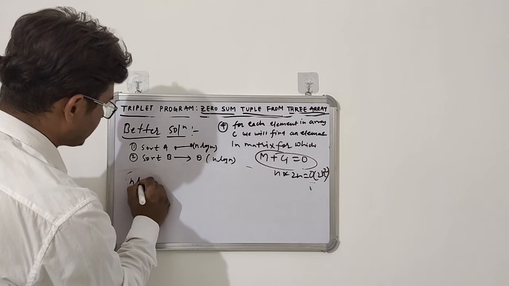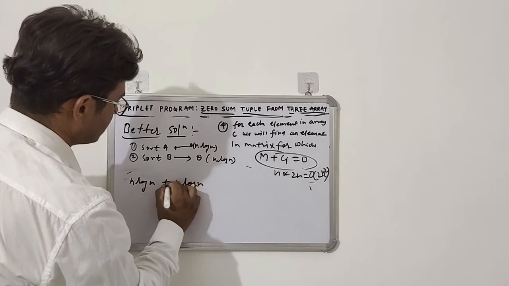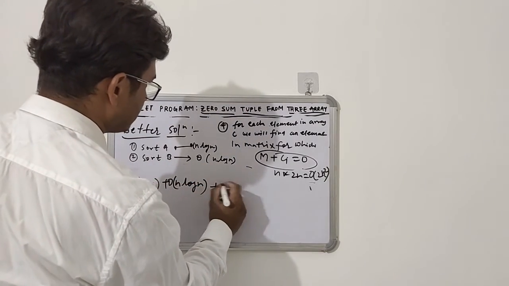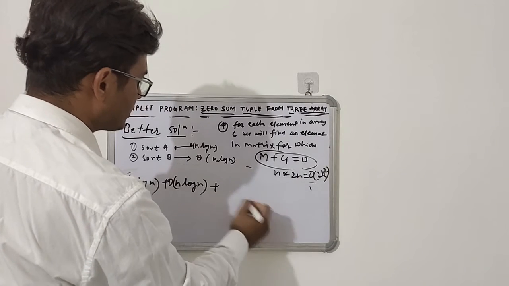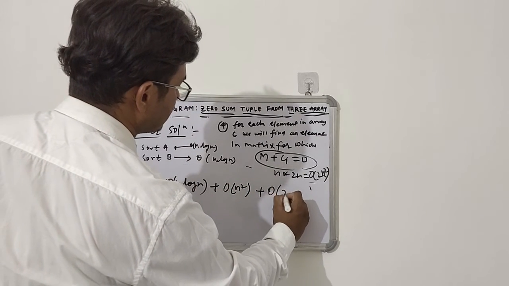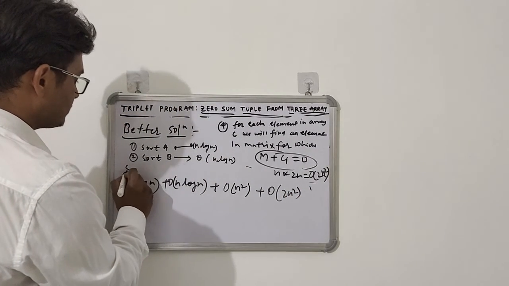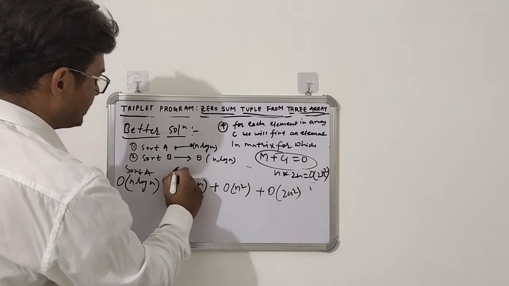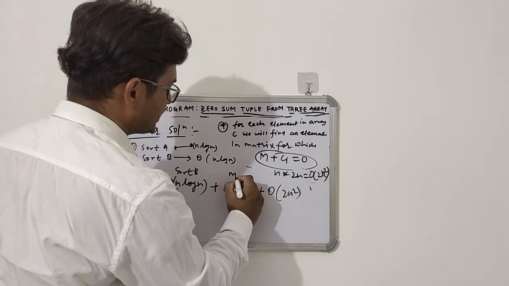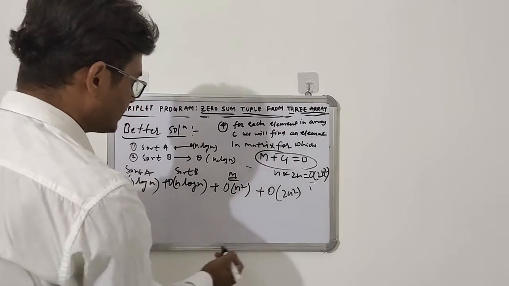First it will take log n, then again log n, this is order of log n, plus for creating our matrix n square, and again 2n square. This is for sorting A, this is for sorting B, this is for creating matrix M, and this is for searching in our matrix.